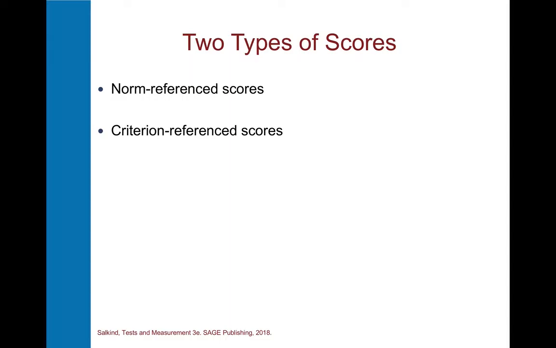So, for example, if we decide based on some external information that a person needs to score 95% and above in order to pass, that itself is going to be a criterion reference score, because it doesn't really matter how Stu did compared to all the other test takers. As long as he made it above 95%, that's all we care about. So in terms of the exam or for the test, now we know the difference between norm reference scores and criterion reference scores.